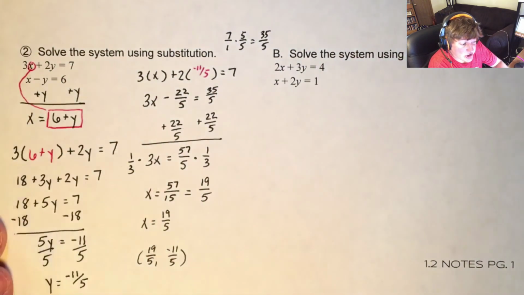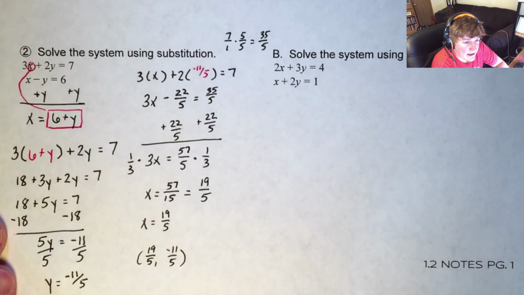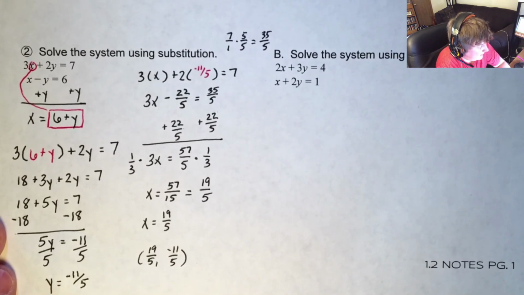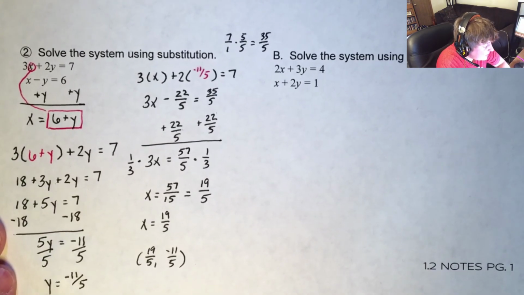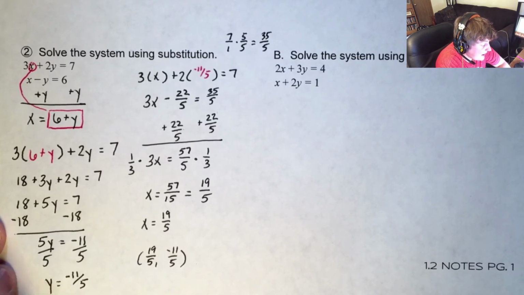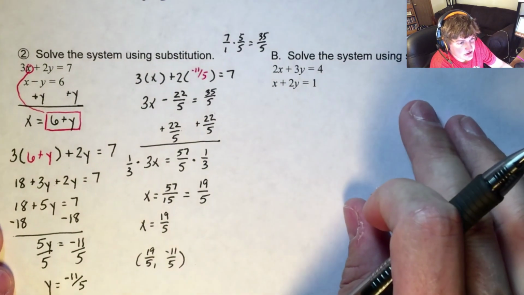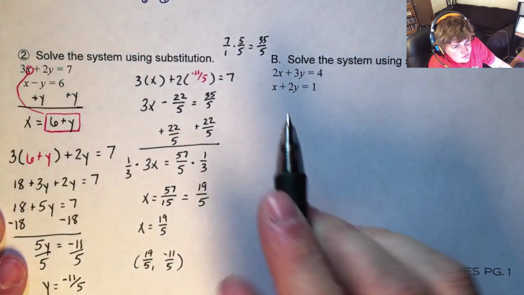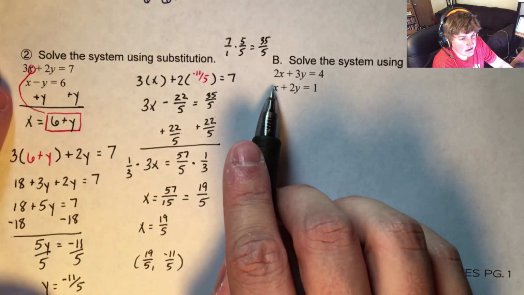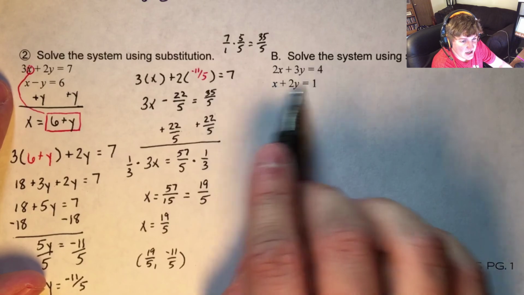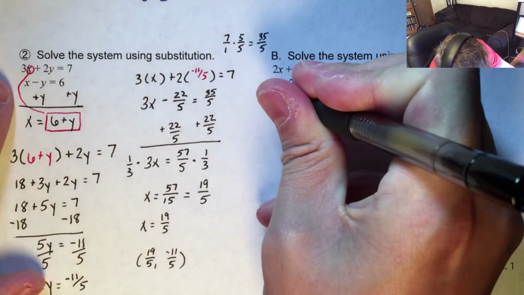Okay, so pause your video and go ahead and try letter B on your own. All right, so I'm assuming that you've already paused the video and now you're looking to check your work. The first step is trying to figure out which variable is going to be best to get by itself. As we look at this, we have just plain Jane x here in the bottom equation, so I'm going to get that x by itself.